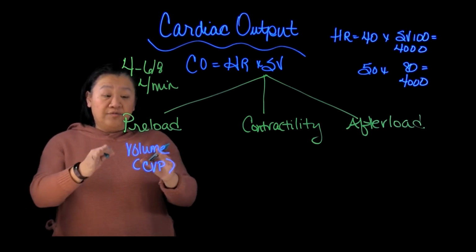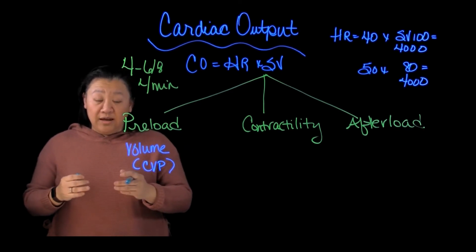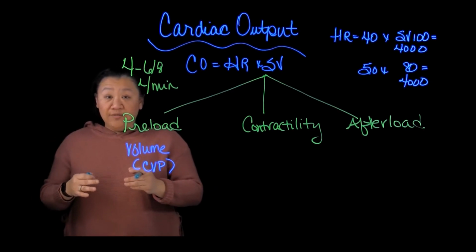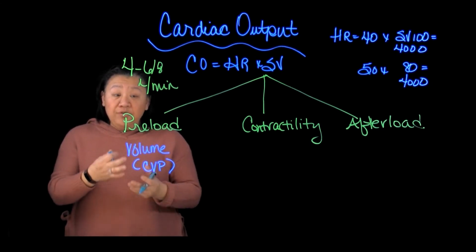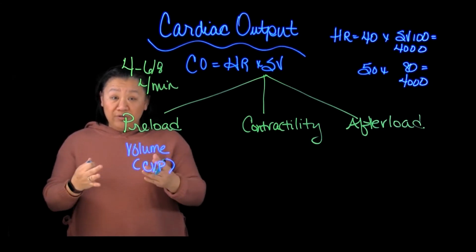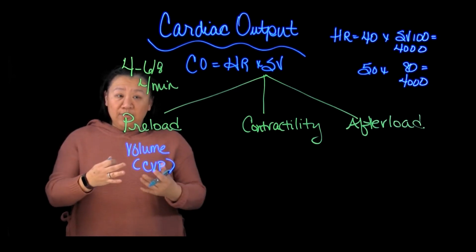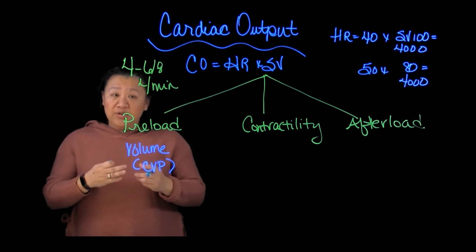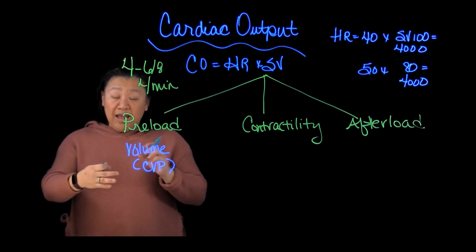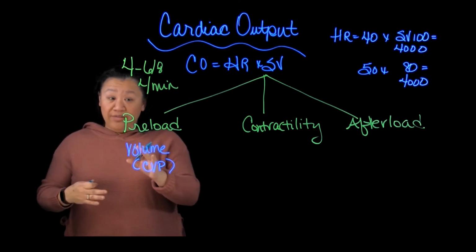Think of a balloon: you have to fill the chambers, hence volume, load. When the pressure in one chamber exceeds the other, that forces the valves open and ejects blood from one chamber to the other.